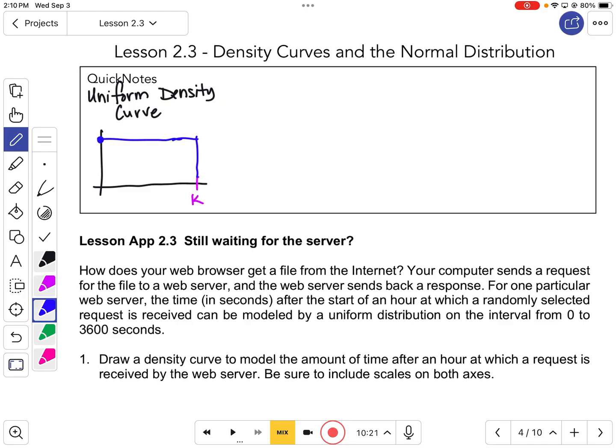The height is going to be 1 over k. So whatever that number is out there, my height's going to be 1 over that number. We're just going to keep it really simple. And the area inside will always equal 1. It represents 100% of the data. So that's your uniform density curve. It makes this rectangle, and everything's the same.